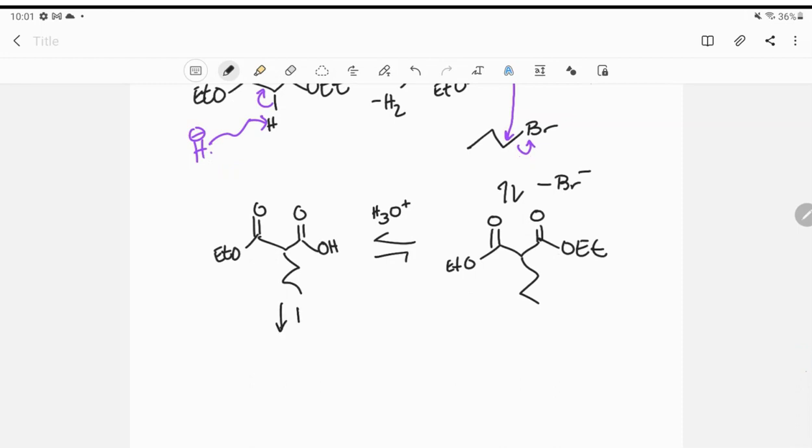And then we just heat this up. We lose CO2, and we end up just kicking out our molecule here. So we have a base comes in, whatever base that shall be. Let's have water come in.